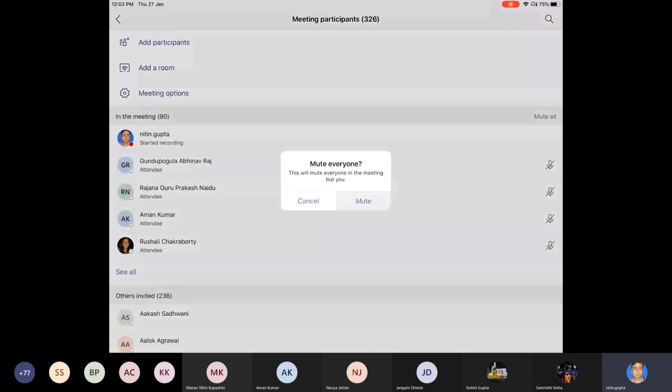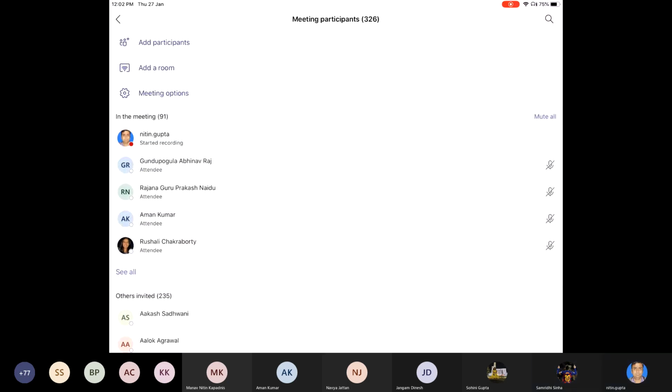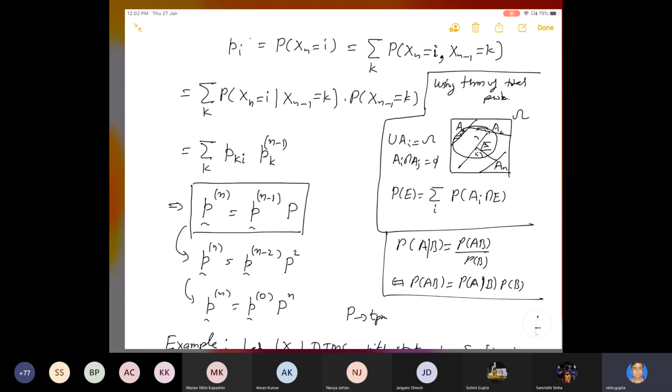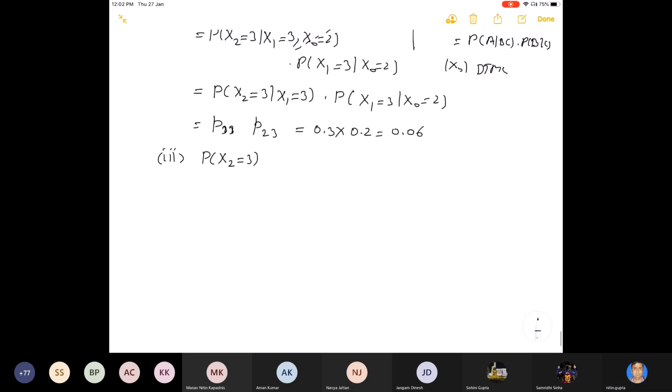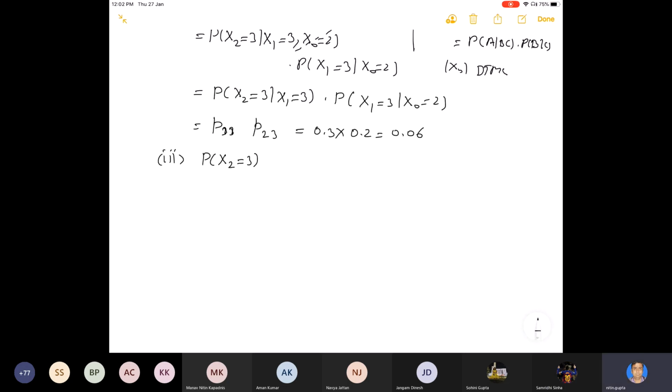Therefore, first of all we will find out P2, whose elements will be P12, P22, P32 in this example, and we need basically this last value, the probability that X2 is equal to 3.